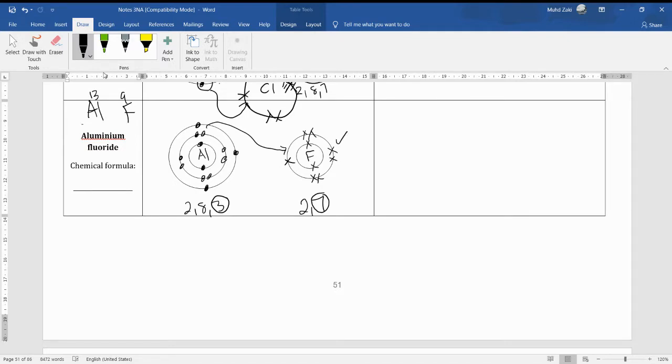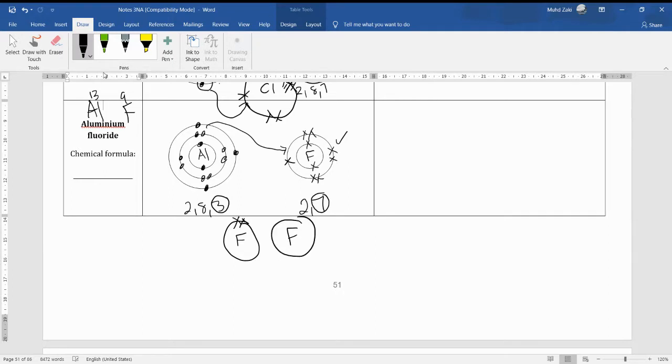The next step, we need to introduce 2 more fluorine atoms. I just write down the outermost shell. Sorry, fluorine's outermost shell is 7. So this electron will transfer here, and the other electron will move here.